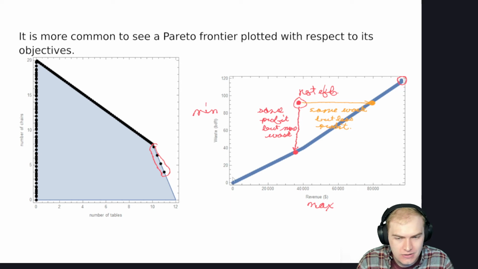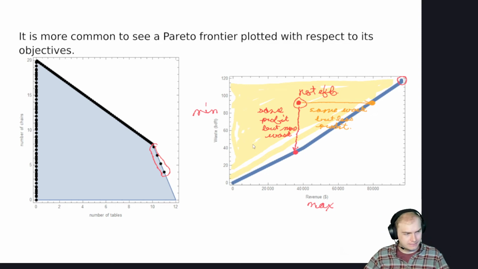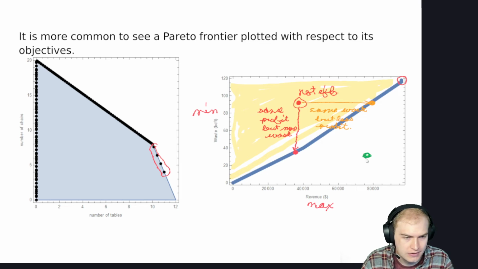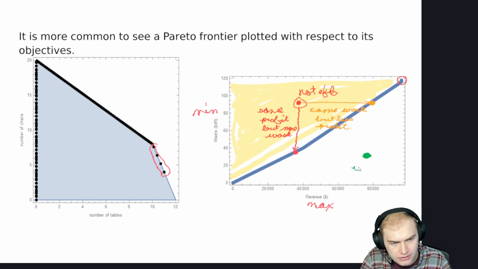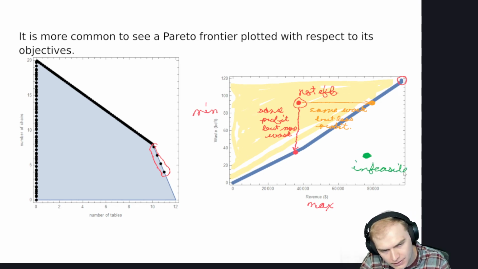And ultimately, we can use that same logic to prove that anything on this side of our frontier is not Pareto efficient. And there are plenty of feasible solutions that could fit in there, but we'd never found a solution that fits on this side of the frontier. So this is infeasible.